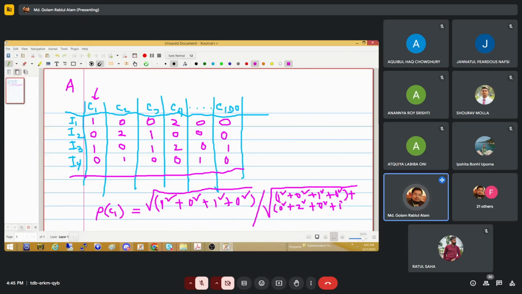This is for column 2. Then column 3: 0 square plus 1 square plus 1 square plus 0 square.